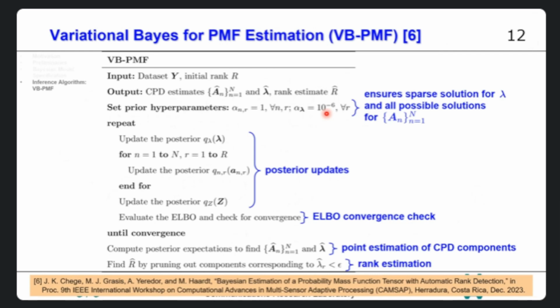So basically, we delete all the rank 1 components that correspond to those lambdas, and we have our rank. And this algorithm was actually presented at the CAMSAP conference last year.